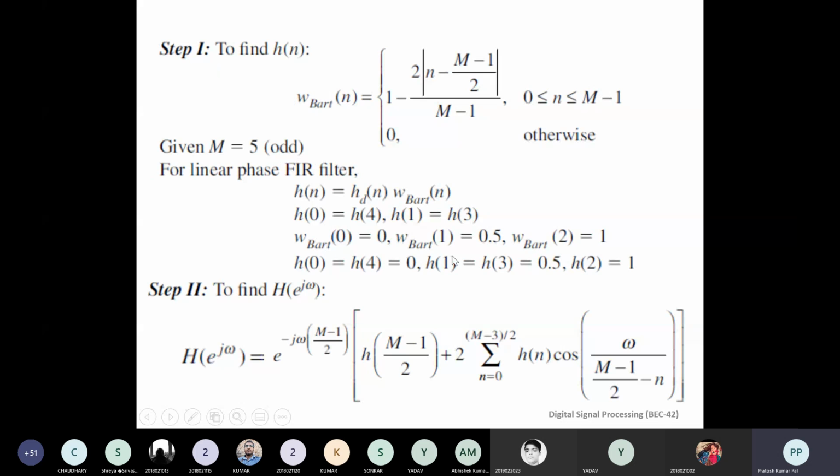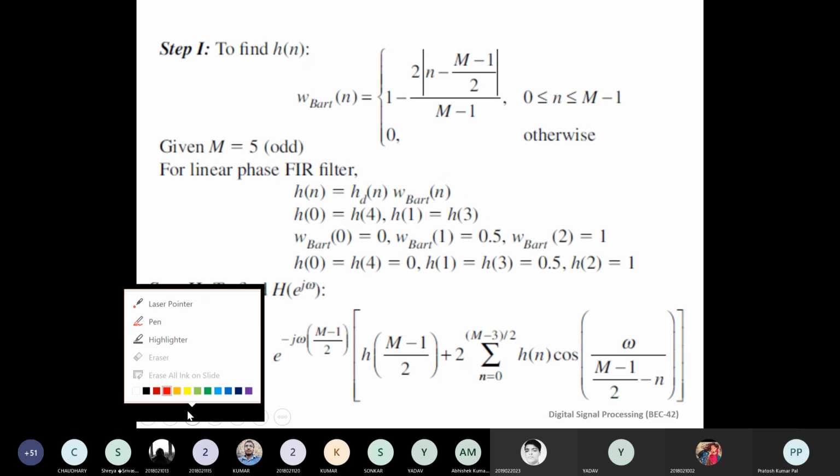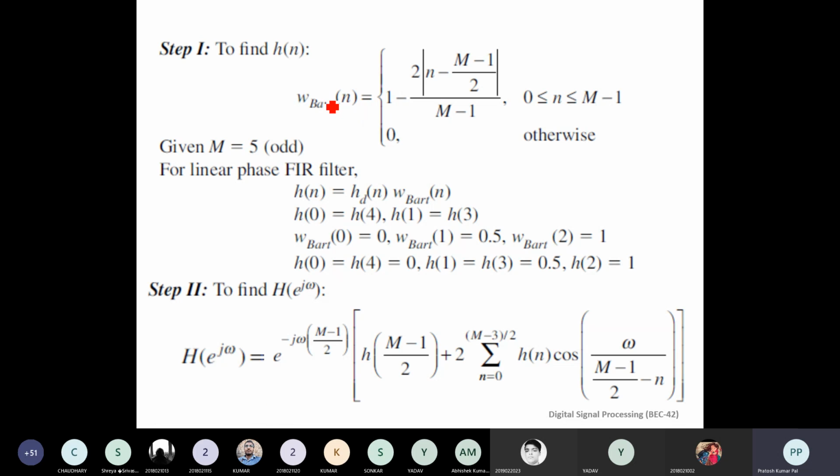This is the question, the same one, and it is being solved. So here, h of n is, this is how the Bartlett window is given. The first step will be finding our h of n.